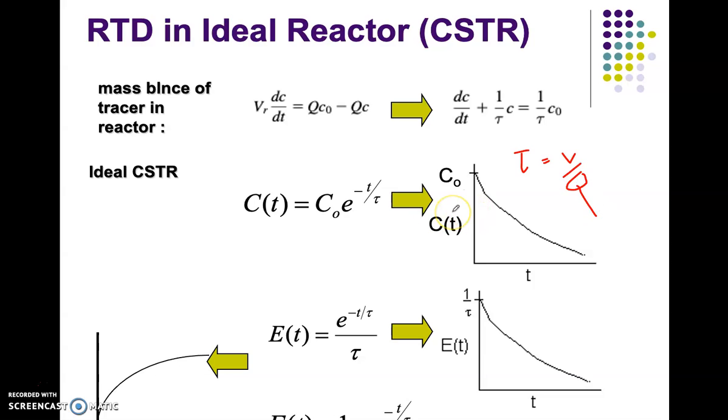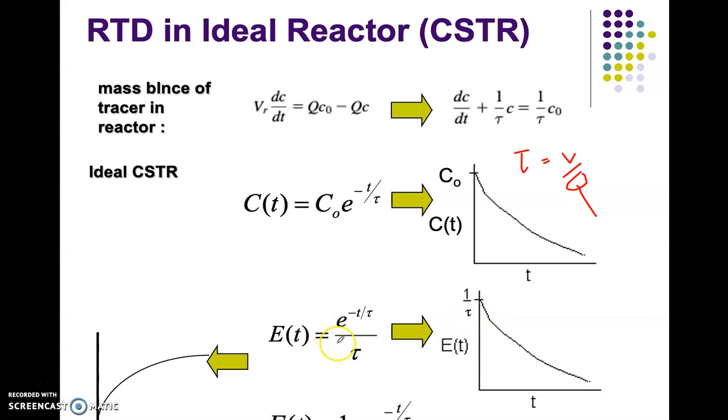When you have this part and you plot it, it will be this kind of curve, where C naught is your initial concentration that goes into the reactor. But when you are describing the ideal reactor, again, we use the E curve. This is what I was trying to tell you just now. You can see it is a similar shape. From the E curve for an ideal reactor, you can determine the residence time.